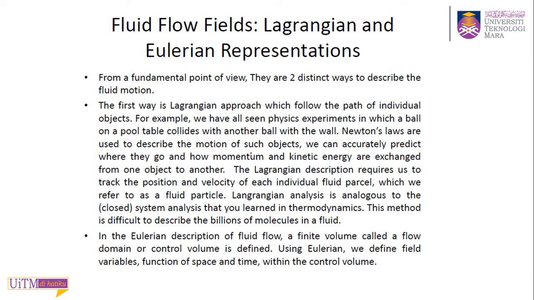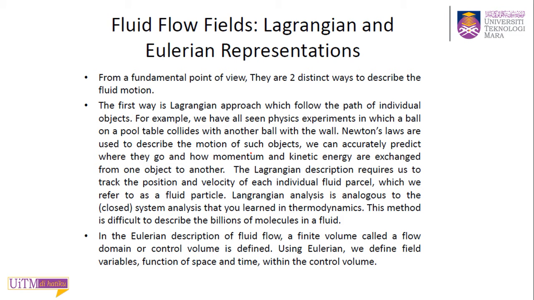Next, we have two different methods or approaches whenever we want to analyze fluid moving in a system. One is called Lagrangian. It is named after a mathematician, I don't remember his name. The name comes from him, so this Lagrangian method comes from one professor's name.